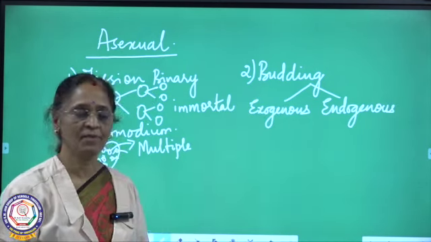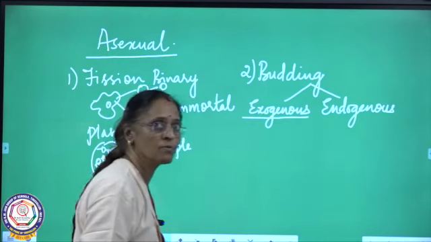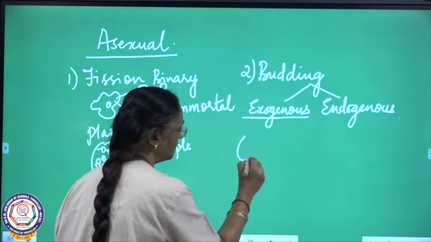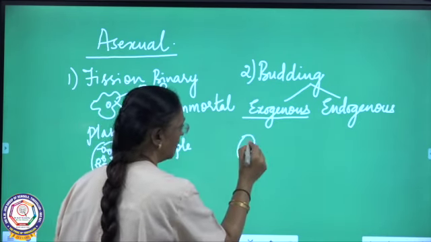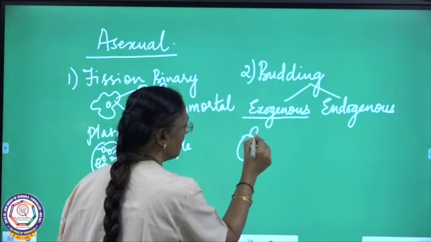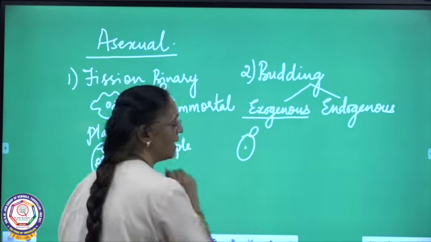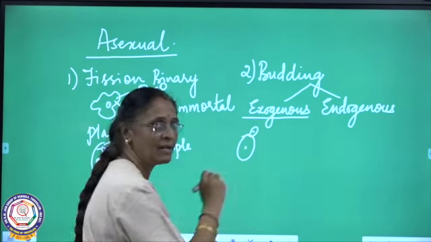The word itself tells: exogenous is outside. An example is yeast, a fungus, where a small outgrowth arises, and this is the bud. After it matures, it detaches from the parent and leads a life.